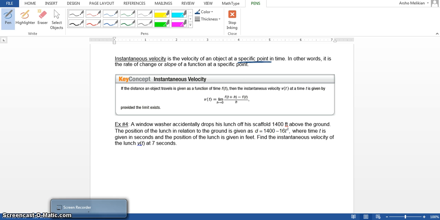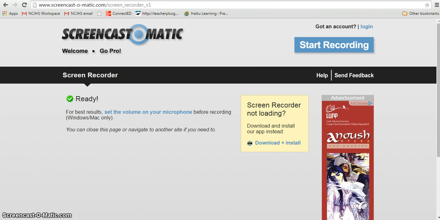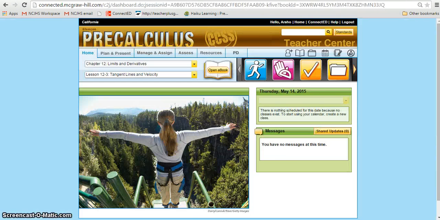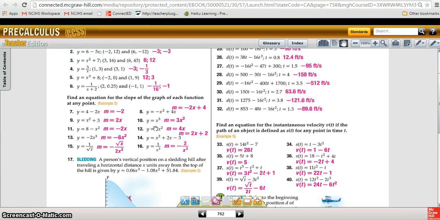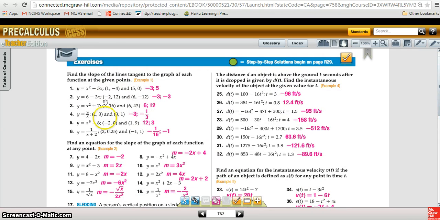So it's exactly what we talked about yesterday. It's the slope of a function at a specific point. And if you look at the homework that you did yesterday, when you had to find the slope at a specific point, that's what we're talking about. Okay, so these problems right here.